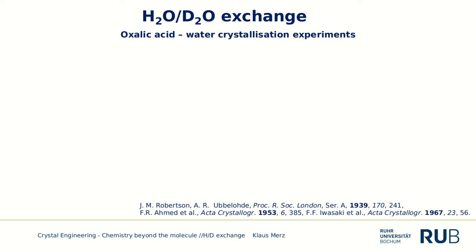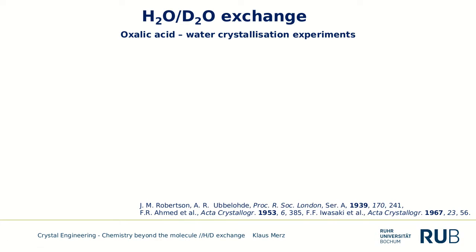Well, deuterium was discovered in the early 30s. And some years later, you see it here, 39, the first group, Robertson and Ubbelohde, especially Ubbelohde, was one of the scientists who was really interested in this topic.